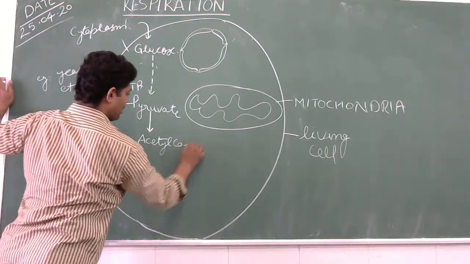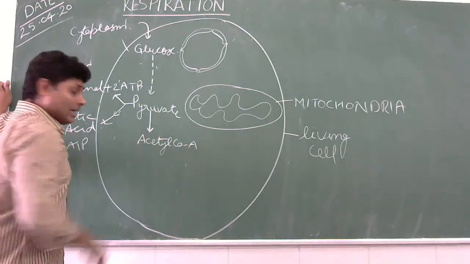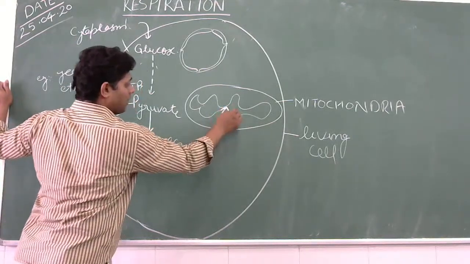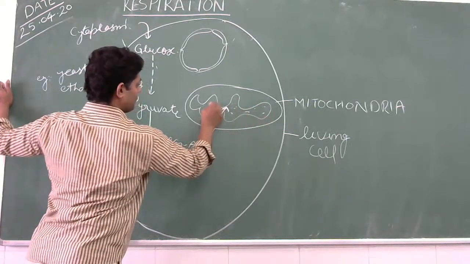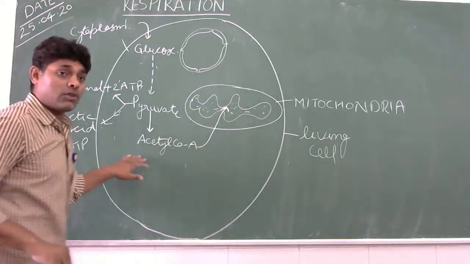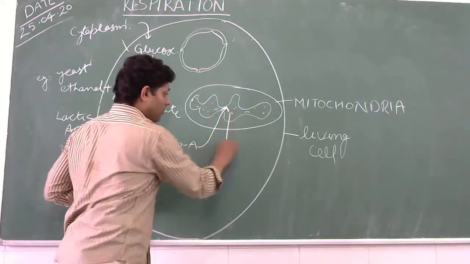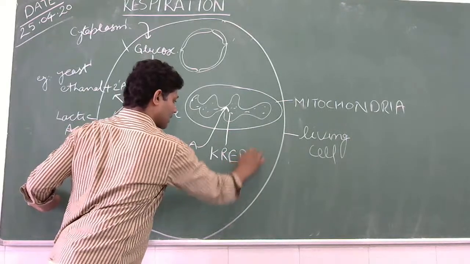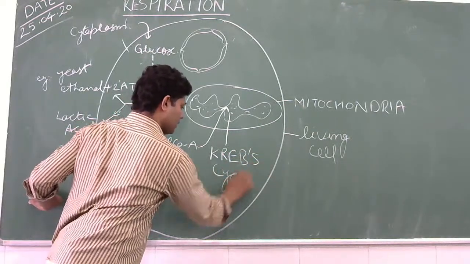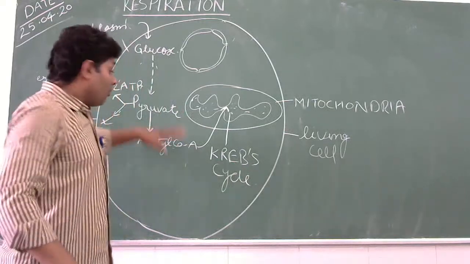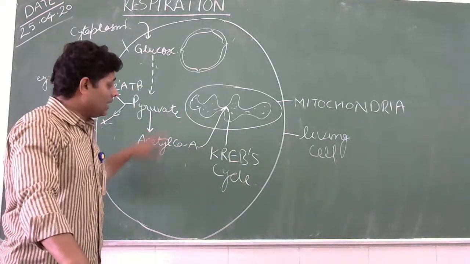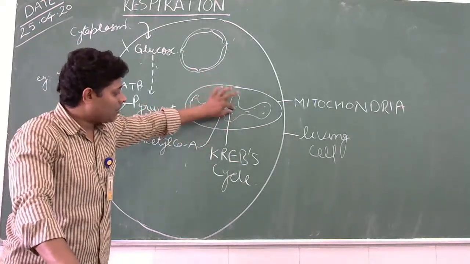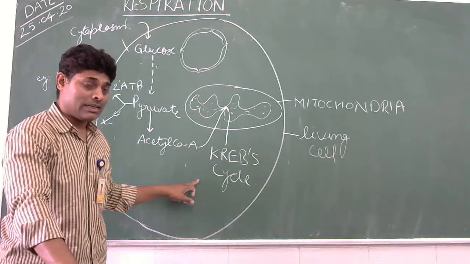And the third and most important fate, it makes acetyl coenzyme A. This acetyl coenzyme A further enters the matrix of mitochondria. In the matrix of mitochondria occurs the Krebs cycle. It means further breakdown of the acetyl coenzyme A occurs in the matrix of mitochondria, and that process is known as the Krebs cycle.